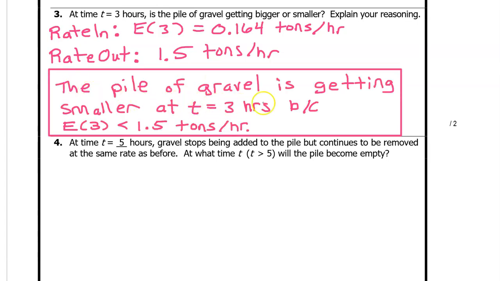In other words, the pile of gravel is getting smaller at t equals 3 hours because e at 3 is less than 1.5 tons per hour. Notice that it's not enough to simply say that the rate in is less than the rate out. You must say that e at 3 is less than 1.5 tons per hour.